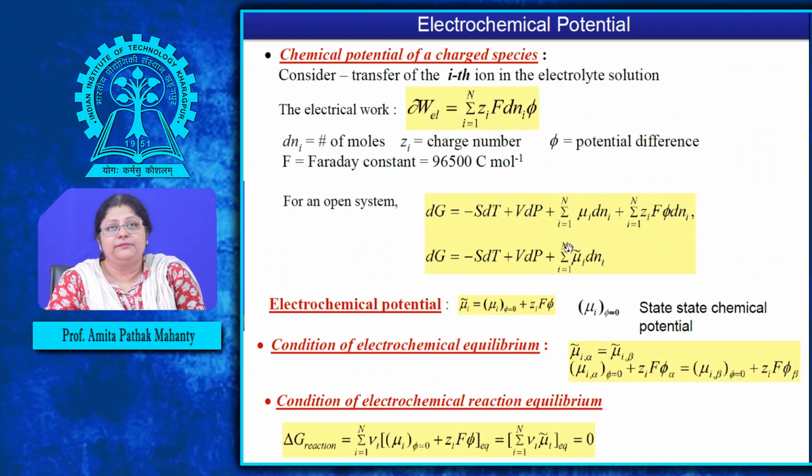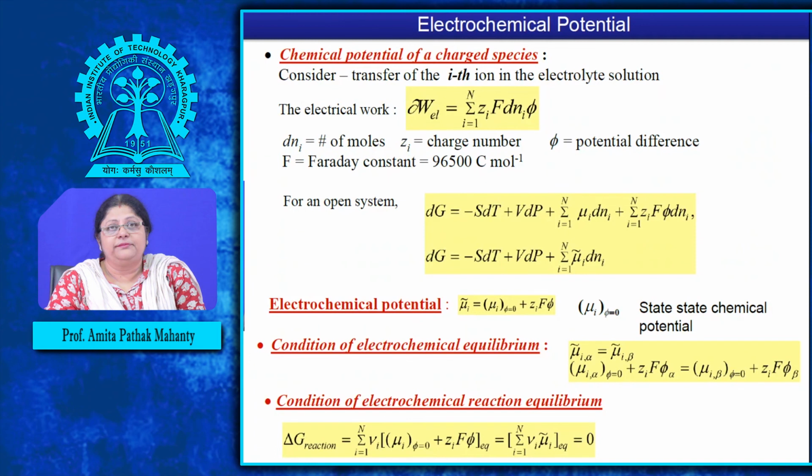But what you have in addition, when you have a charged species, is not only the number of moles but also a term coming from the electrical work, which is associated with the total number of charge into the potential difference. And the total number of charge into potential difference is this one, right? This is the total number of charge into charge. Z becomes important only when you are having ions.